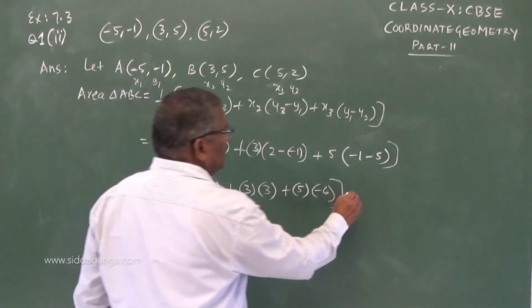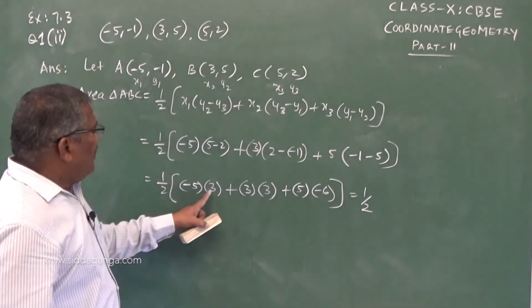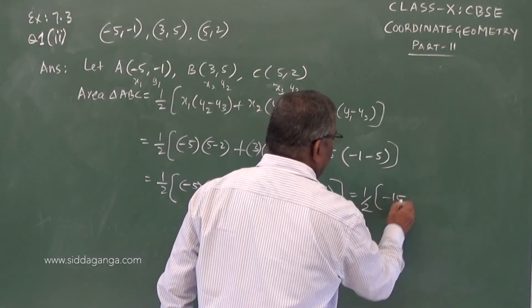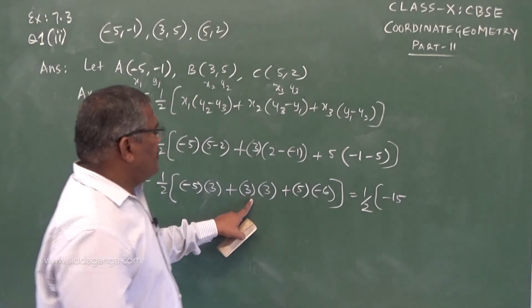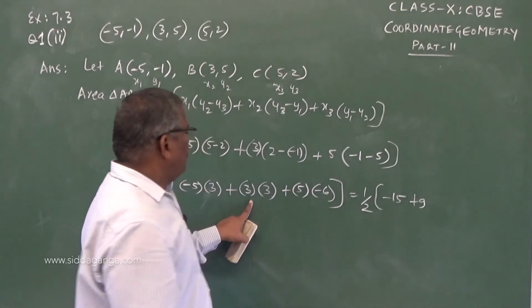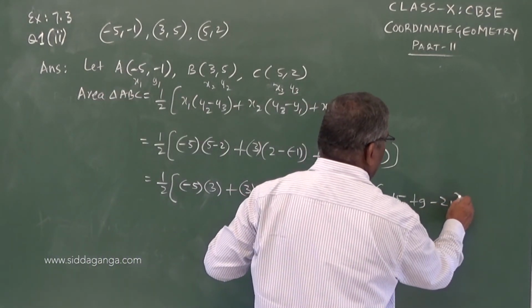So this equals half into minus 15 plus 9 minus 21. Note down these things.